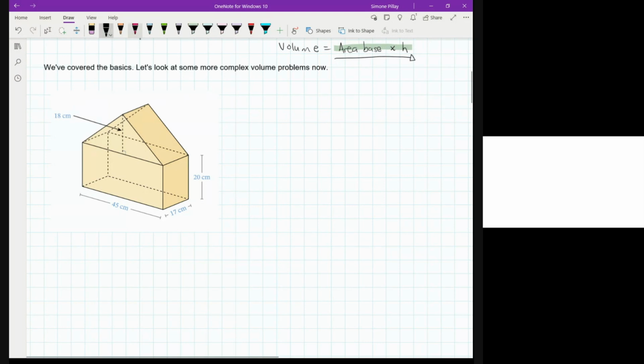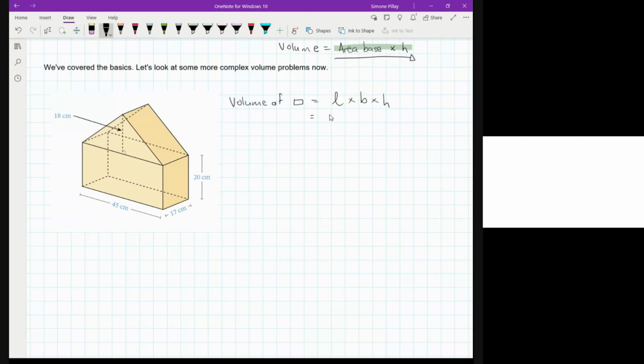You've now given me the formula for the volume of my rectangular prism, and you've told me it's length times breadth times height. So let us calculate the volume of this rectangular prism. Help me immediately.